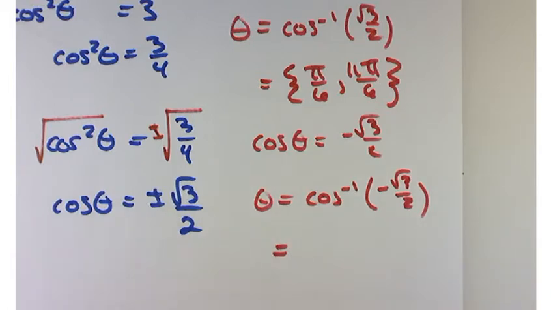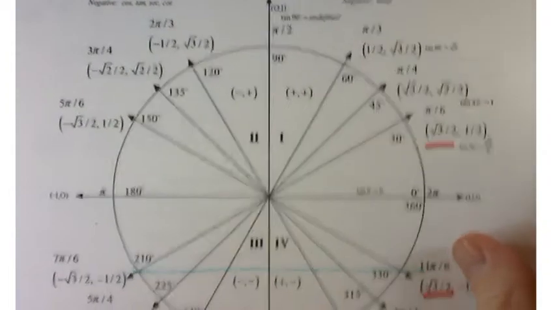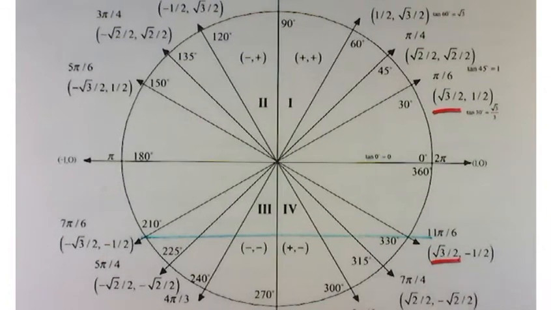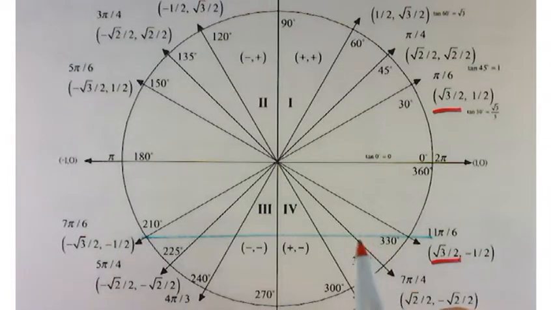Brian? What angles have a cosine of negative root 3/2? So cosine would be the x-coordinate. At what angle is the x-coordinate going to be negative root 3/2?